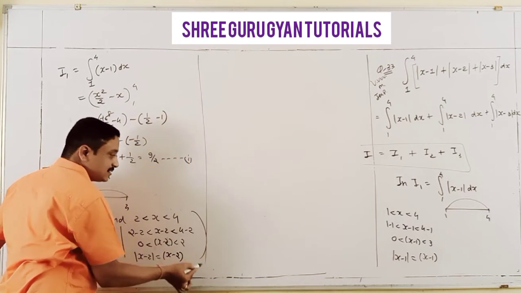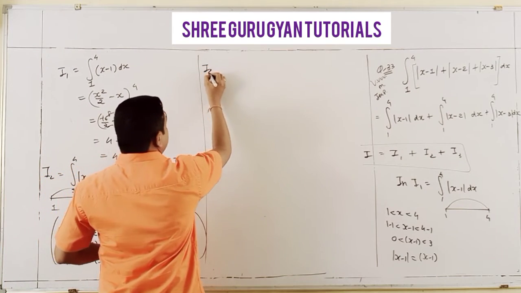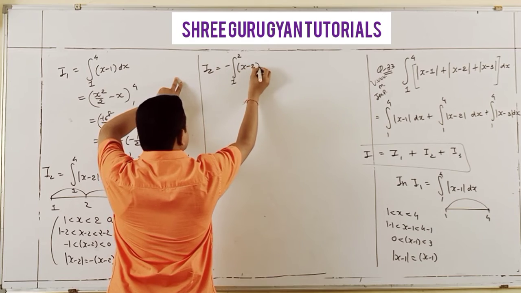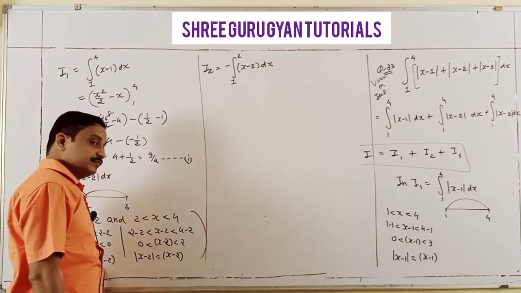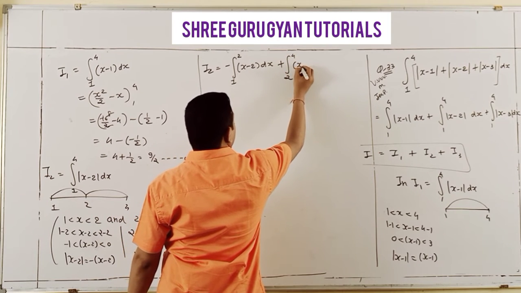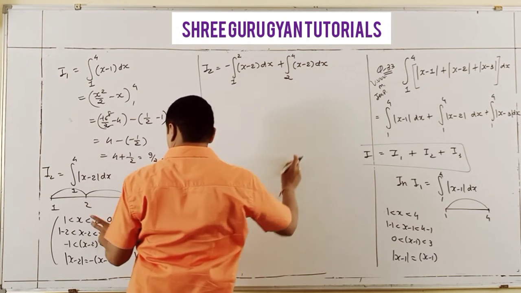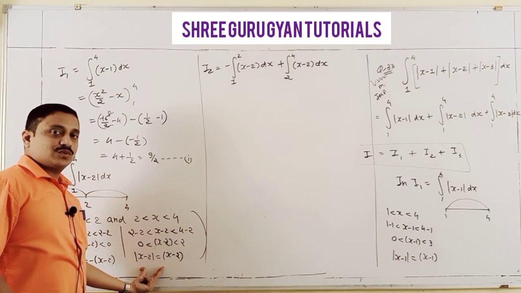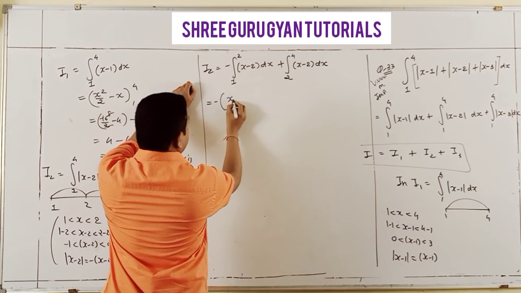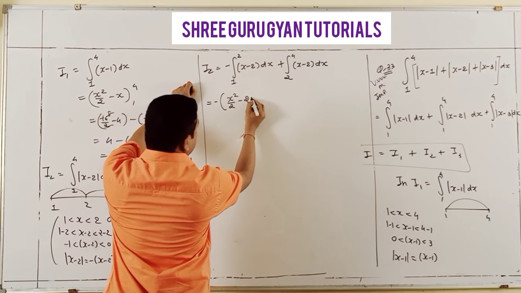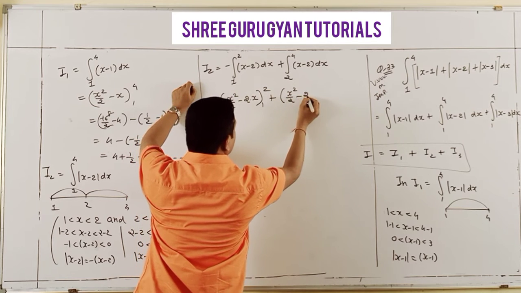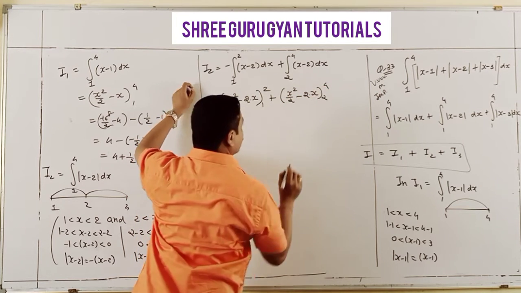Now I start I2. So I2 is the integral from 1 to 2 of minus of x minus 2 dx, and that also plus the integral from 2 to 4 of x minus 2 dx. Now start your solutions. My answer is minus of x square by 2 minus 2x, 1 to 2. Similarly, x square by 2 minus 2x, 2 to 4.